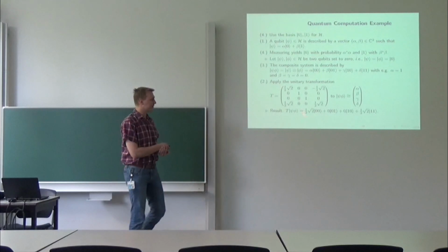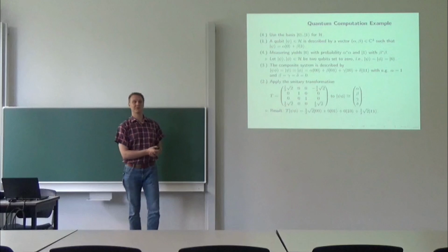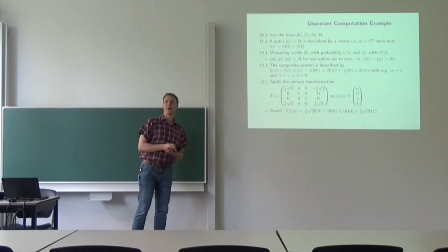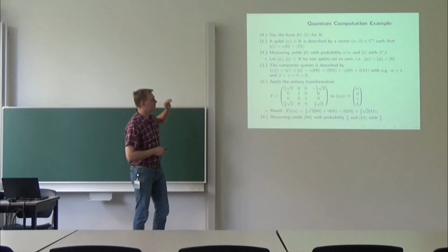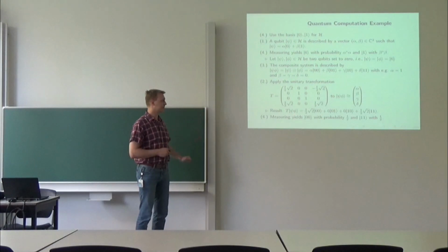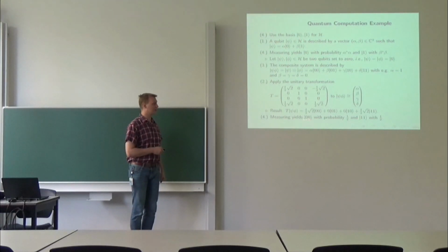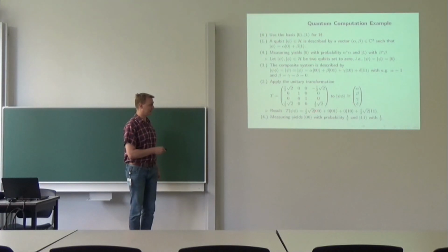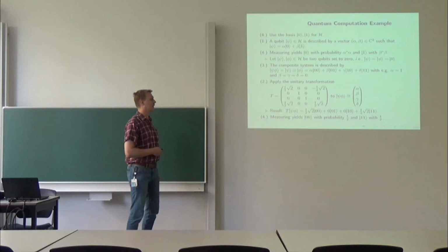So this represents the superposition of 0,0 and 1,1. So if we were to measure this state, the probability of measuring 0,0 you can find by taking this amplitude and squaring it, and that's 1/2. And the probability of finding 1,1 you can find by taking this amplitude and squaring it, that will give you 1/2 as well.